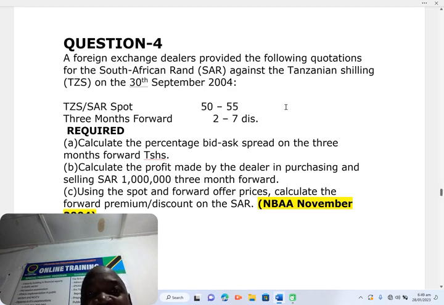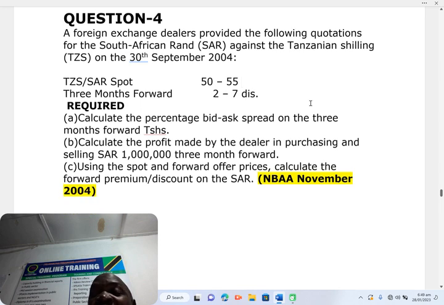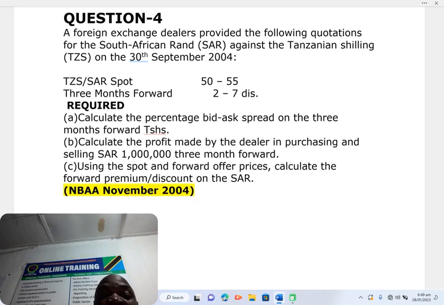Okay, so he said that a foreign exchange dealer provides the following quotation for the South African rand against the Tanzanian shillings as on which date? So remember, this quotation is traded on a time basis. When the time changes, the rate can be amended. So this has been quoted on that date.